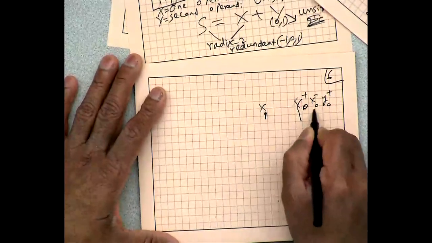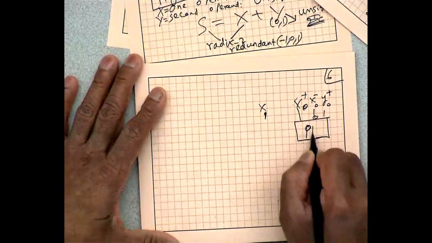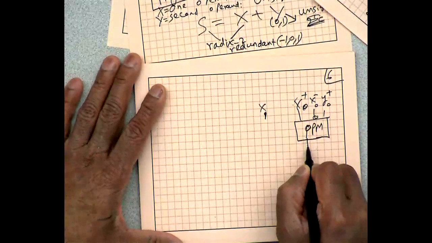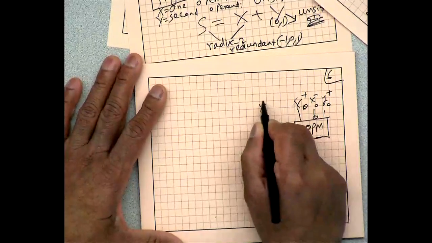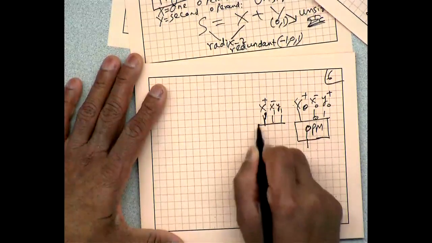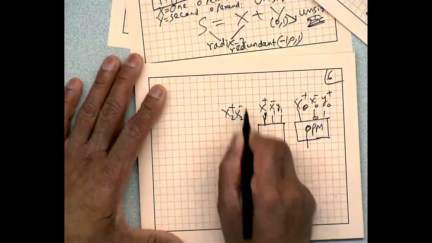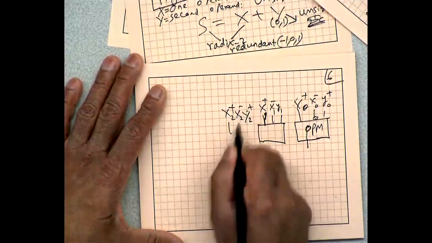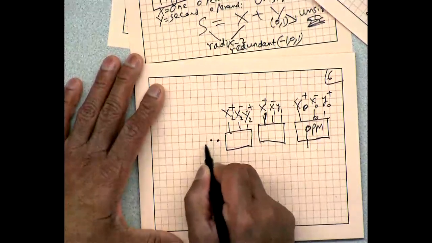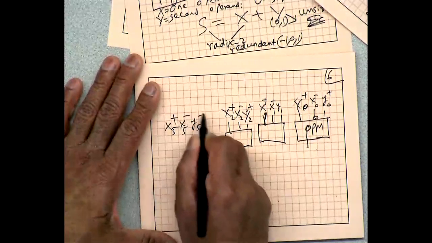So that's the ppm, and then it takes a transfer digit, so x1 plus, x1 minus y1, x2 plus, x2 minus y2, and then we have 3, 4, and finally 5, x5 plus, x5 minus y5 plus.